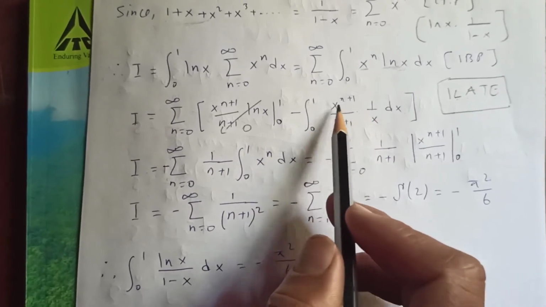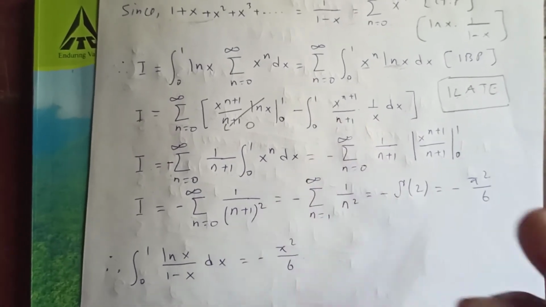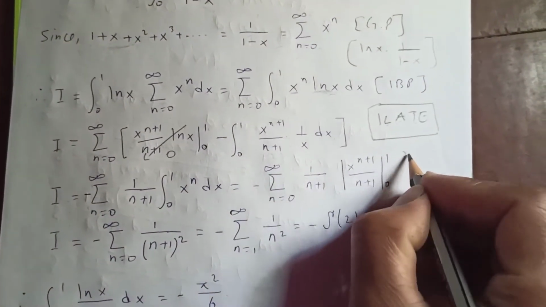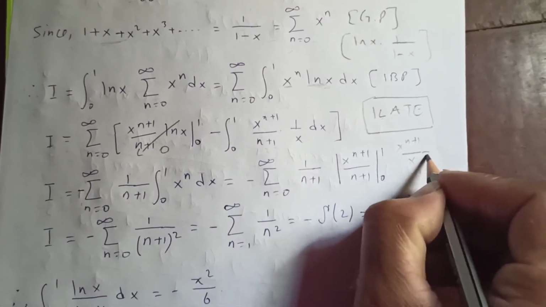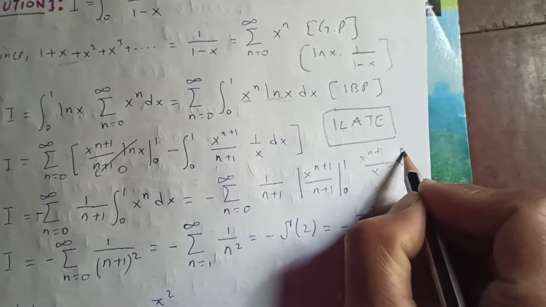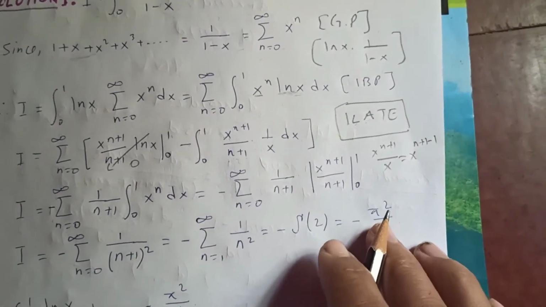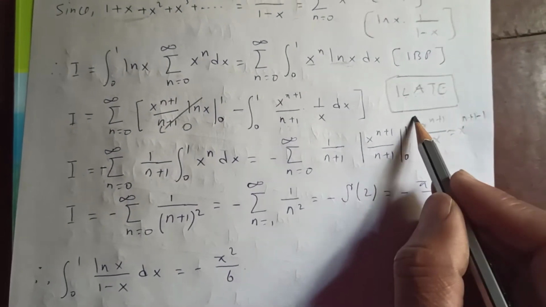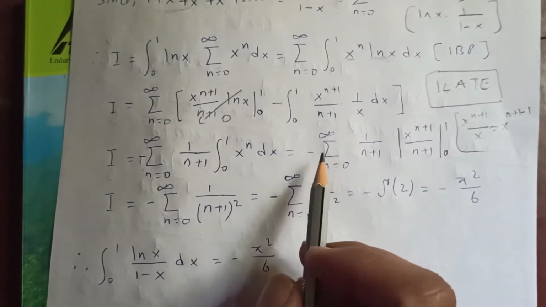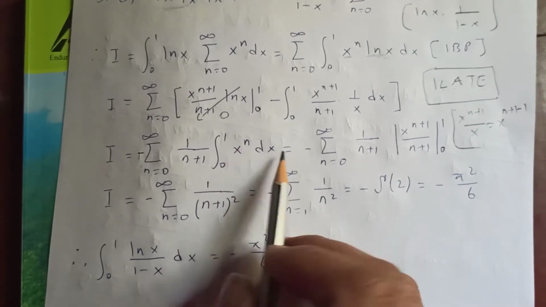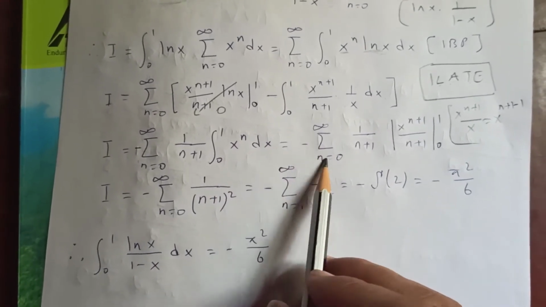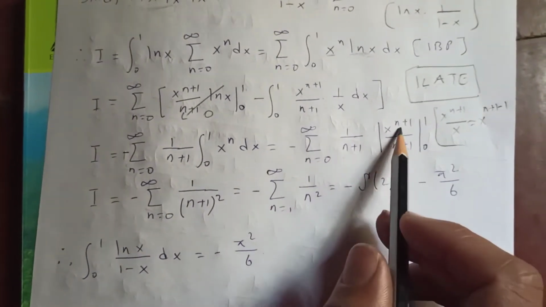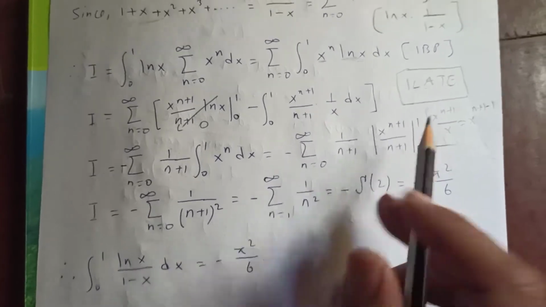Using the exponent law, this is x to the n plus 1 minus 1, so 1 and 1 cancel out, and you get x to the n. So which is minus the sum from n equals 0 to infinity of 1 over n plus 1. Now integrate x to the n, giving x to the n plus 1 over n plus 1, from 0 to 1.